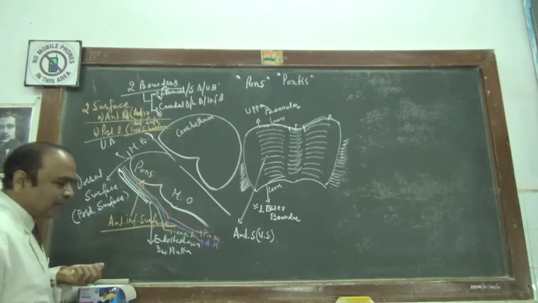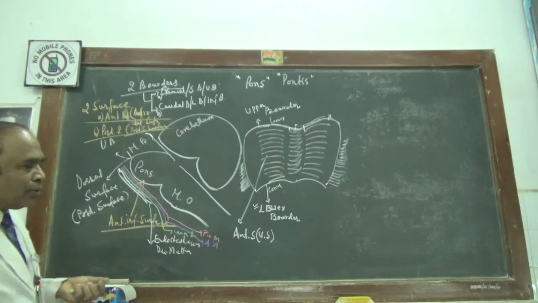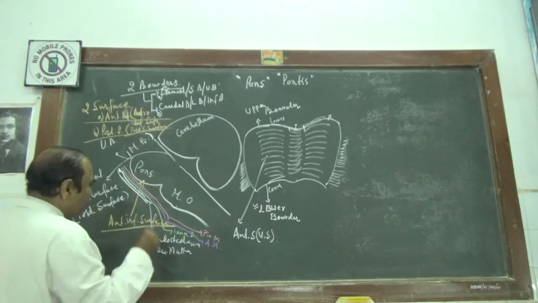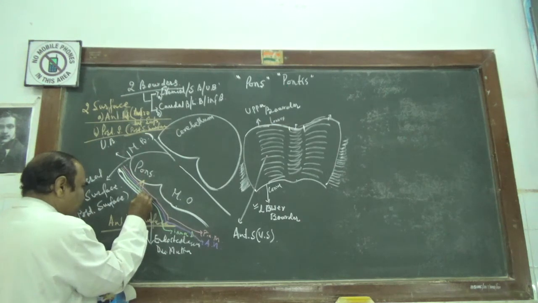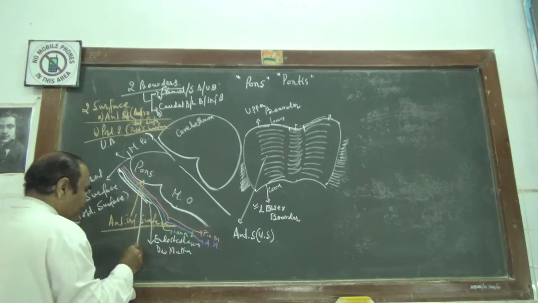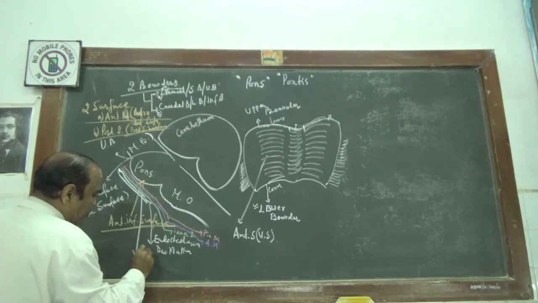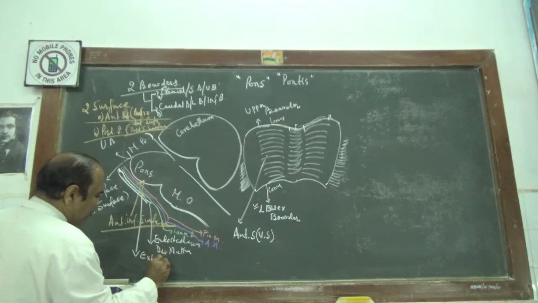Apart from that, the antero-inferior surface is related to the successive spaces. That is called the extradural space.